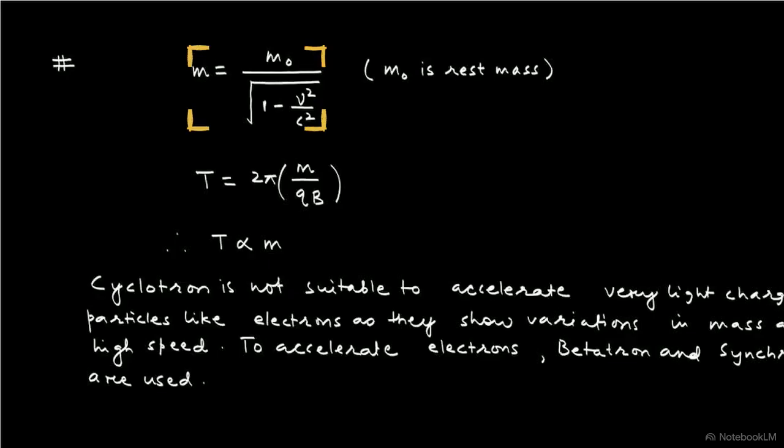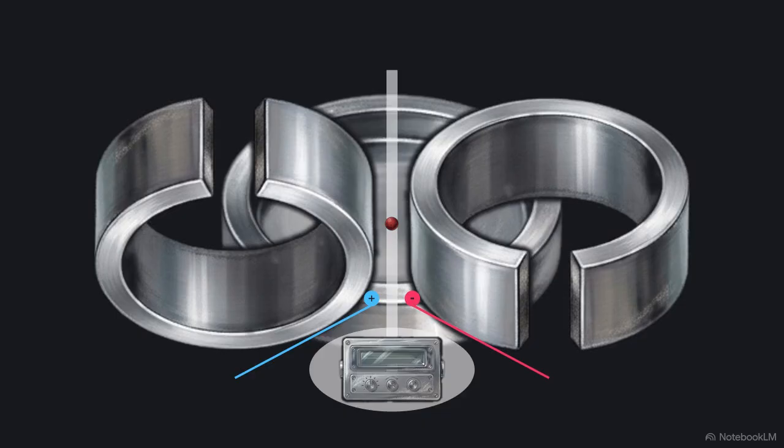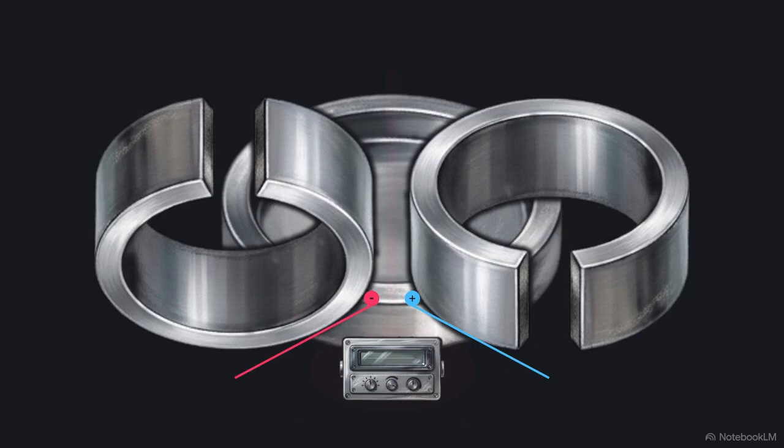As a particle approaches the speed of light, its relativistic mass increases according to this formula. This mass increase causes the orbital period to lengthen, meaning the particle takes longer to complete each revolution. This lag causes the particle to arrive at the gap late, falling out of sync with the oscillator and ending the acceleration process.